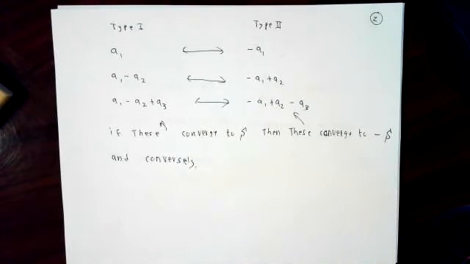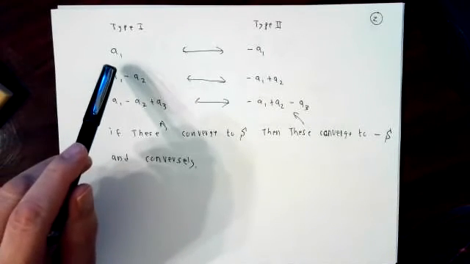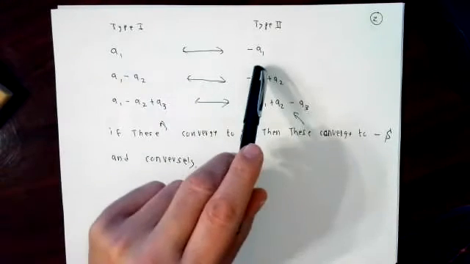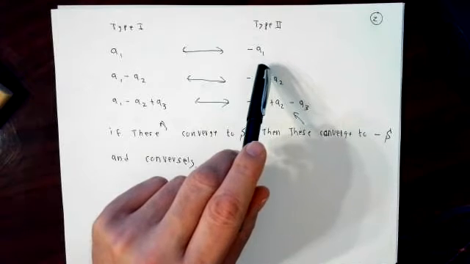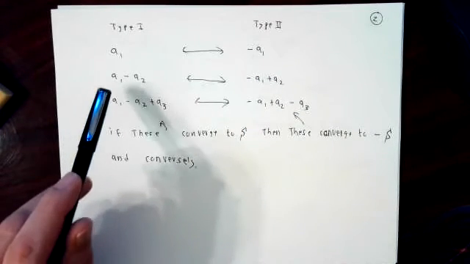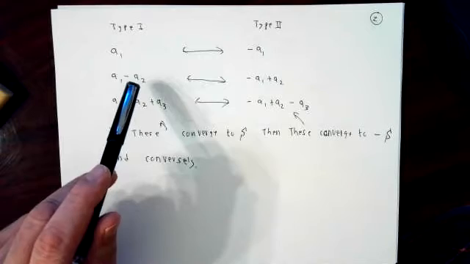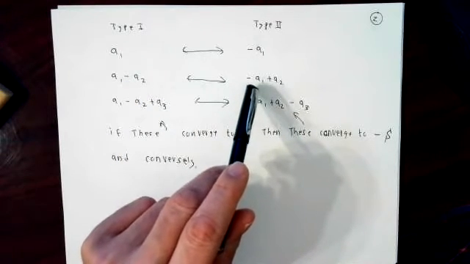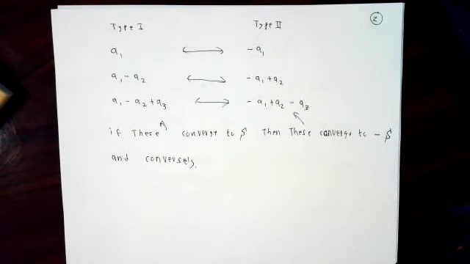To be a little bit more explicit about it, if you include only the first term, in the first type you would have A1, and in the second type you would have the negative of A1. For n equal 2, you would have A1 minus A2 versus negative A1 plus A2.